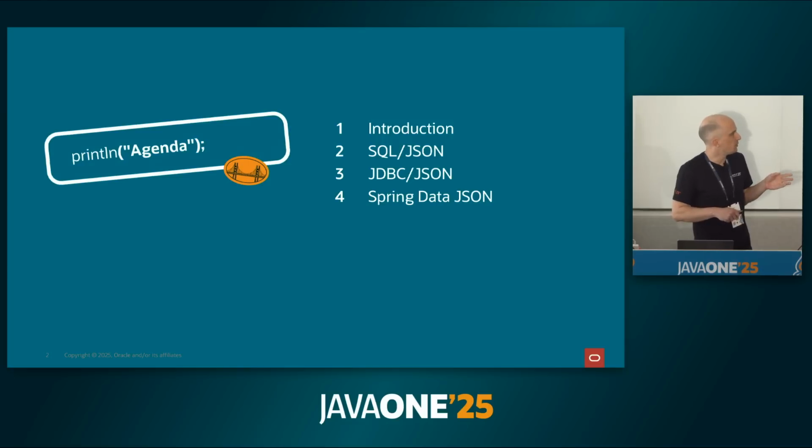And then in section 2, I'll talk about how we solve that problem in relational databases, specifically Oracle database. And then from there on out, it's all the Java stuff. So I'll talk about how a Java application can interact with the database and store JSON efficiently.